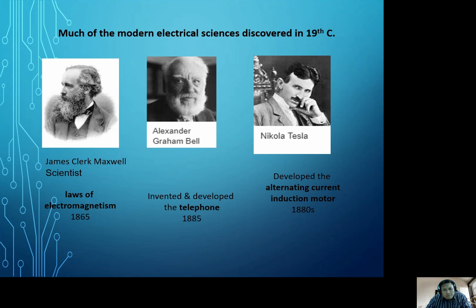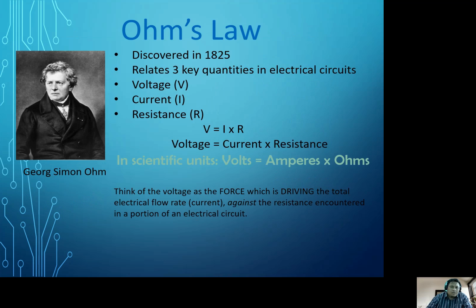Nikola Tesla developed alternating current induction in the 1880s. So Ohm's law was also discovered in 1885 by George Simon Ohm.